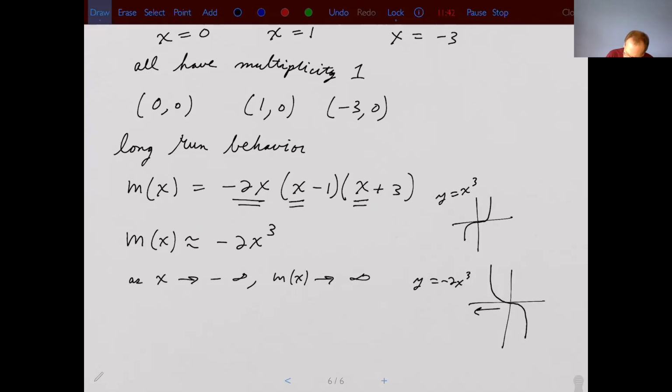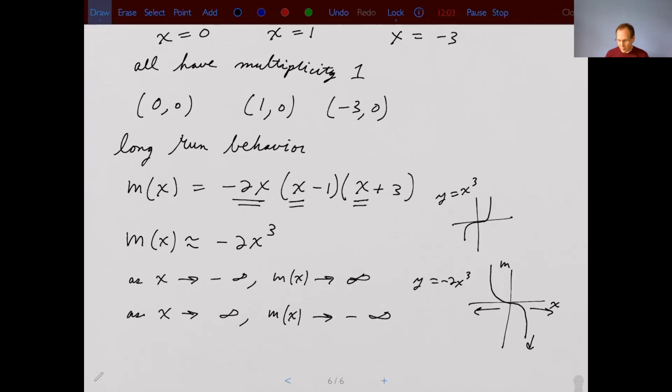And then as x goes to infinity, so as x gets larger and larger and larger, this is x, this is m. What's happening? Well, the function is going towards negative infinity, right? So m of x is going towards negative infinity.